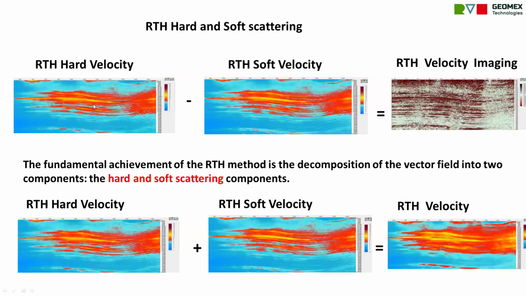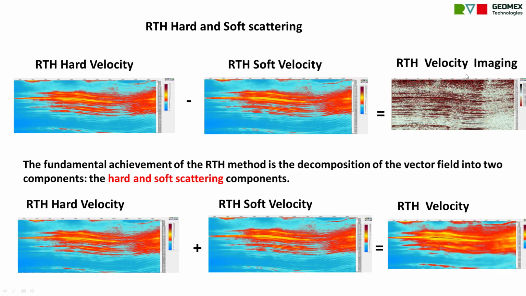So if we have two parts, we can compute the difference. And so in each attribute for the sampling velocity, we obtain a difference very similar to the migration, but it's not migration because we have not done migration.